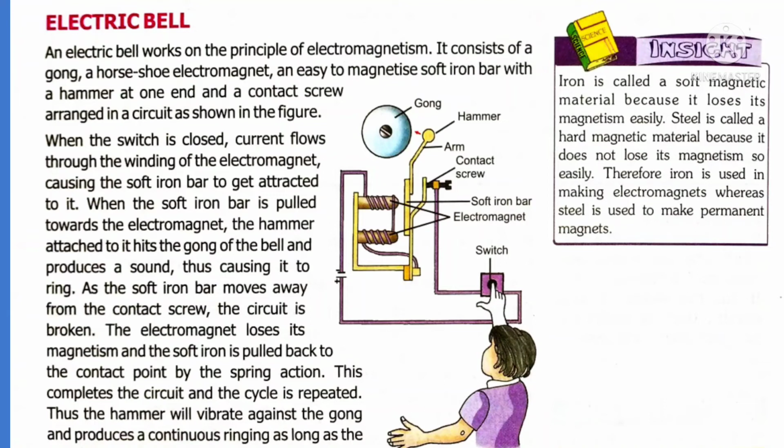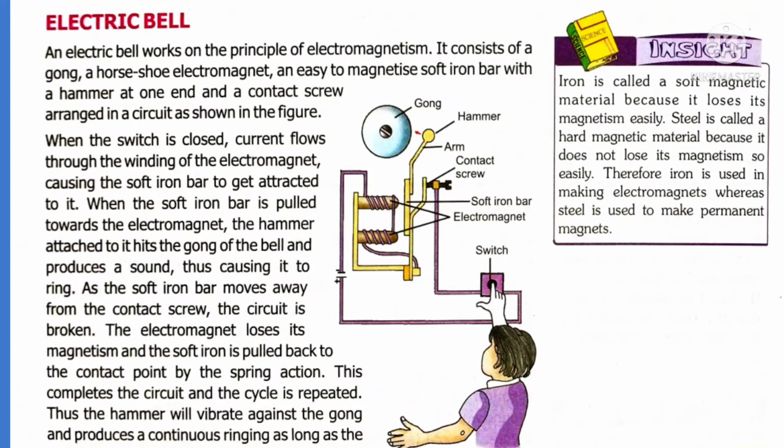At that time, what happened? When this hammer moved towards the electromagnet, a gap develops between the screw and the hammer. So the circuit is incomplete. The circuit is broken. So the electromagnet now gets demagnetized because the power supply is not coming through the broken circuit.